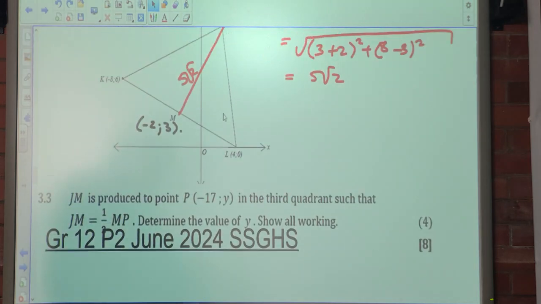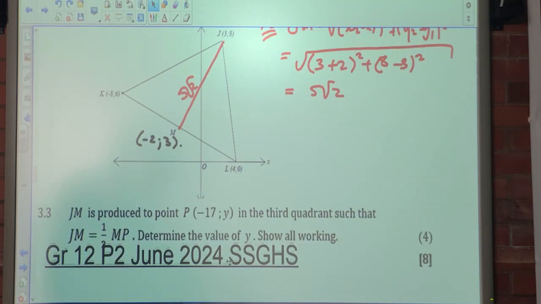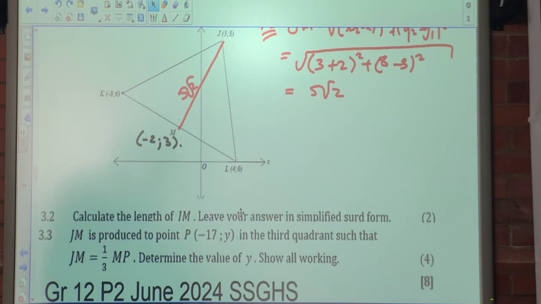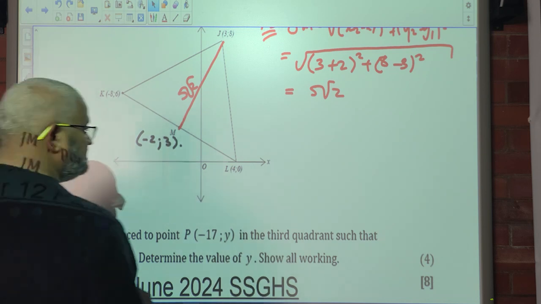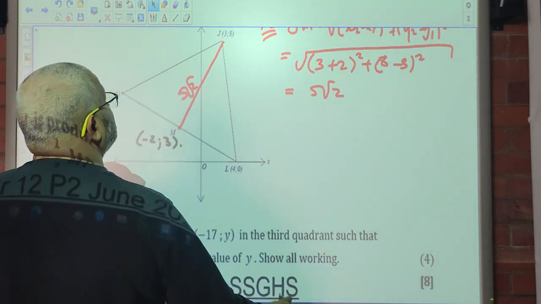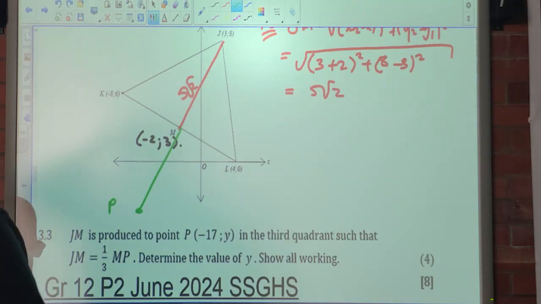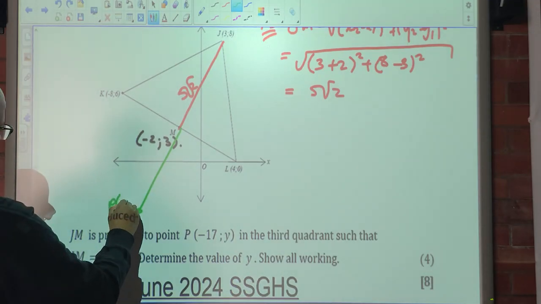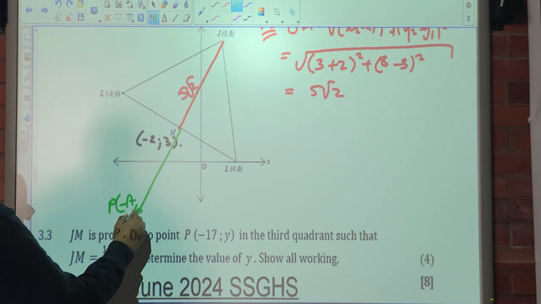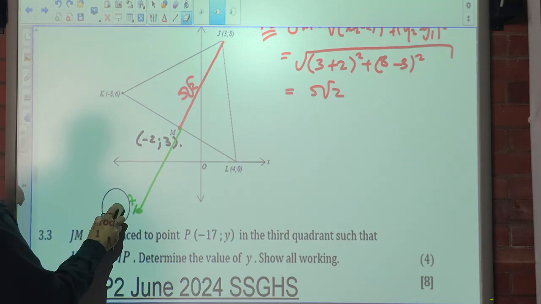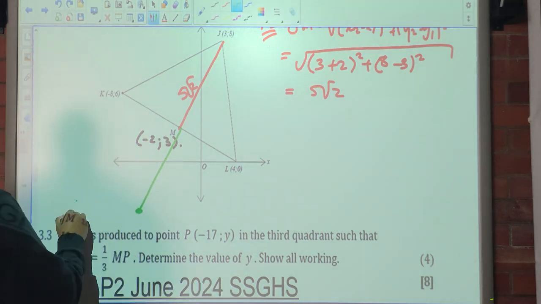JM is produced to P. So P is lying there, which is negative 17. Of course, it's not going to lie like this. It will be much further. Negative 17 and a y value.